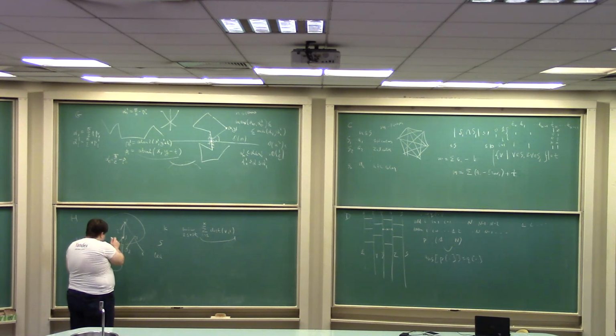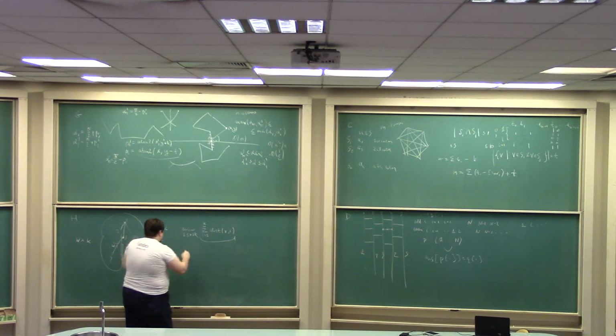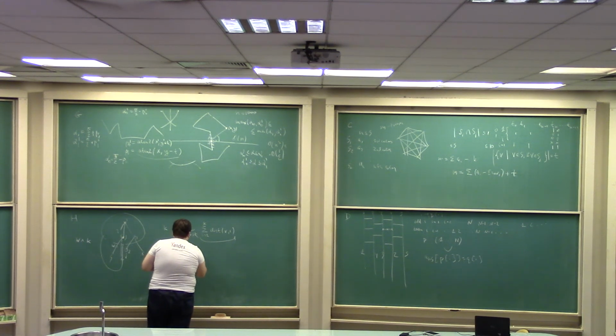So, the total path from vertex I to newly added vertex J is the distance from the root to I plus the distance from the root to J minus 2 times the distance from the root to the LCA.